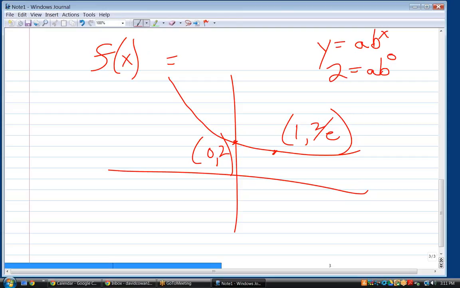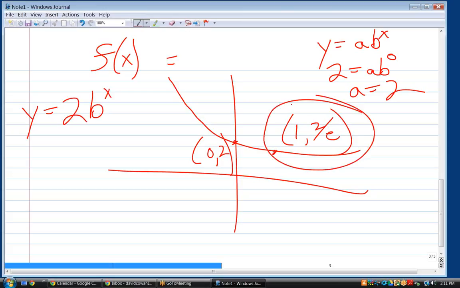Well, b to the 0th is automatically 1, no matter what b is. Therefore, A is 2. So now we have y equals 2b to the x. And now we'll use this point to solve for b.